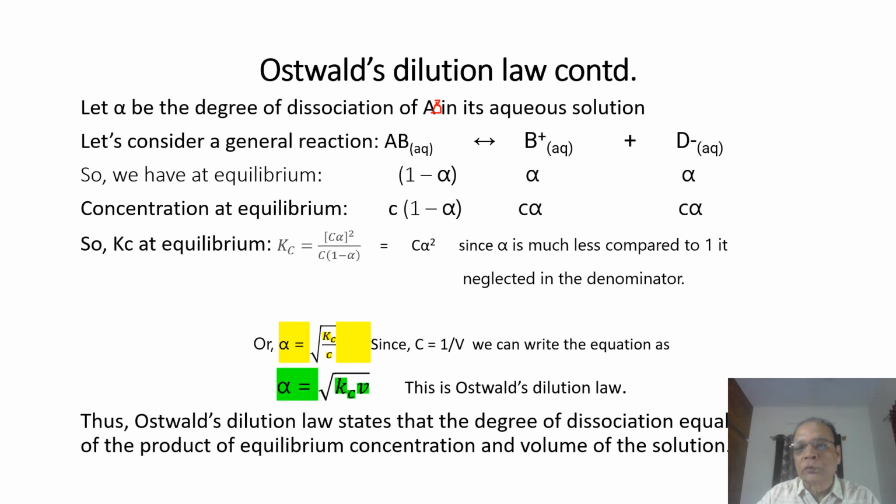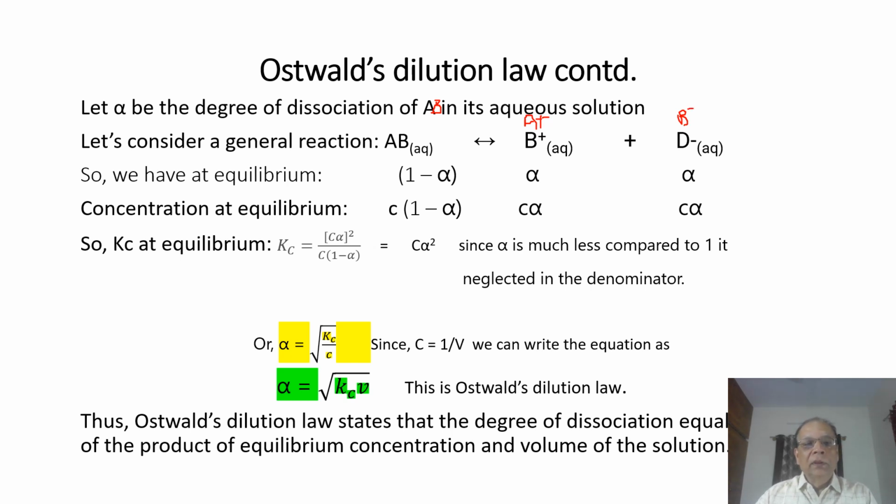We can consider A and B also, because there is AB, so it will dissociate into A plus and B minus.